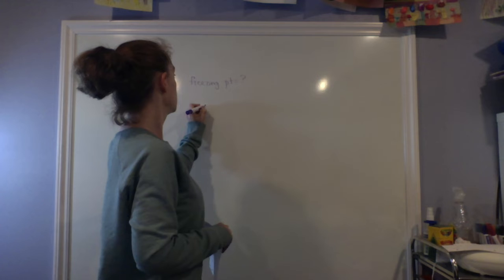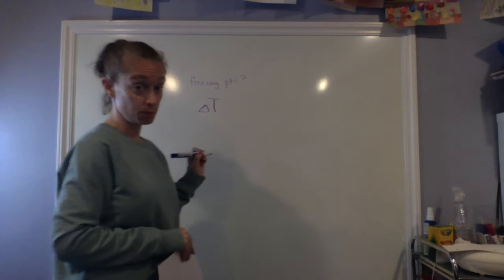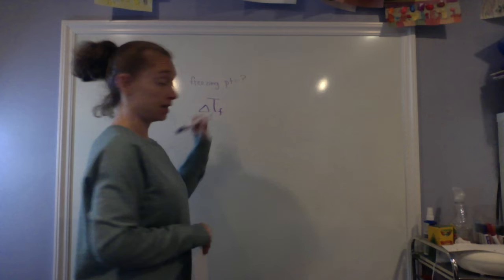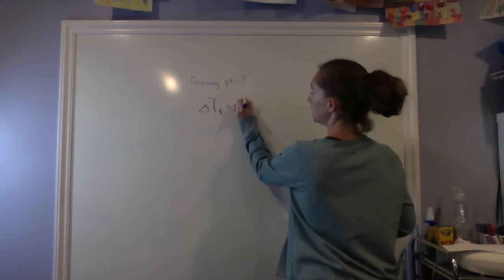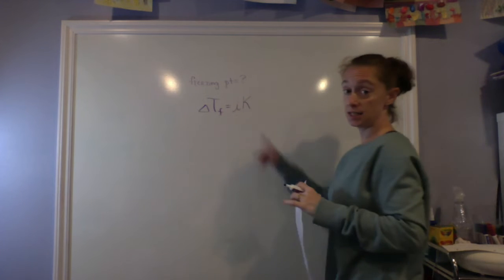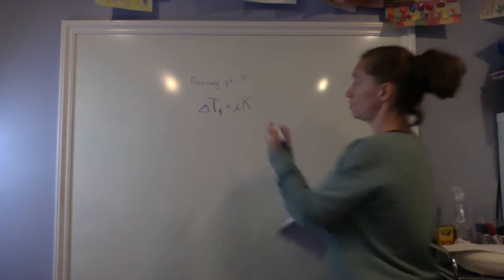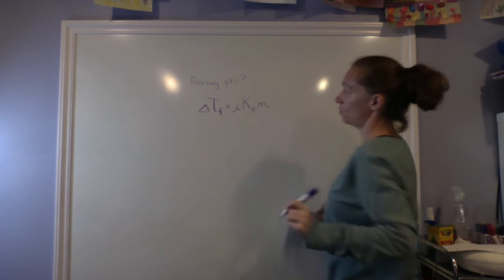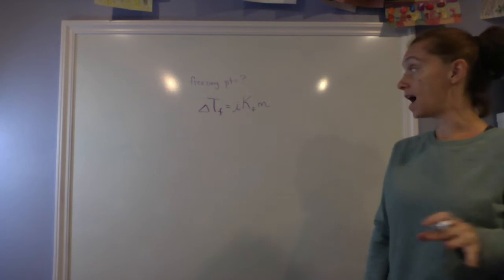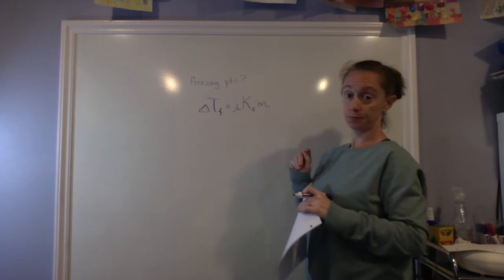We have to remember delta T, change in temperature of freezing, so that's little f, equals i, K is our constant, and so we're talking about freezing, so it's little f, and then molal, so m. That's your equation: delta T_f equals i K_f m.